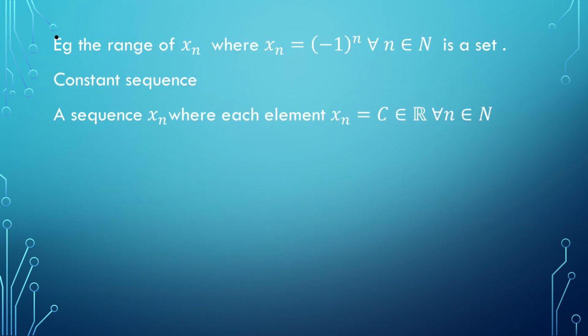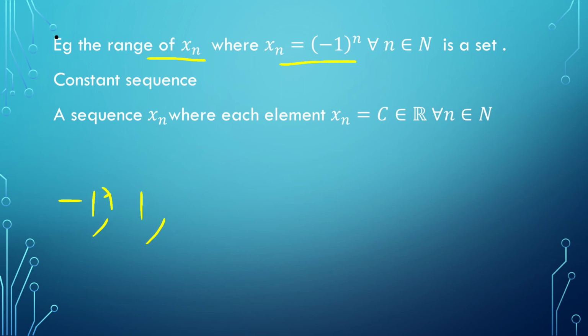For example, we want to determine the range of xn, whereby xn is given by this. When n is equal to 1, you'll get that first term. If n is equal to 2, then you can see we're having that.